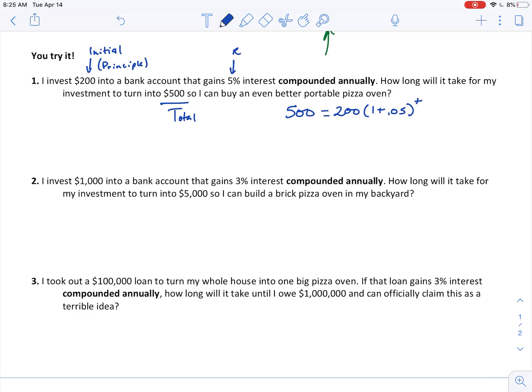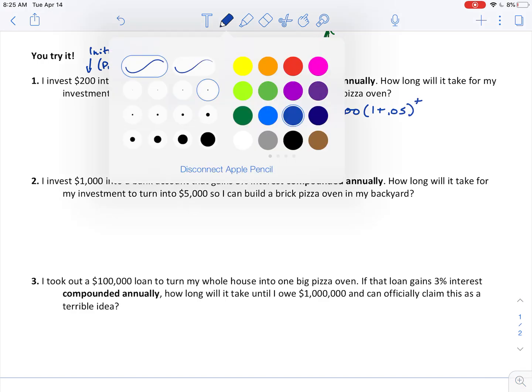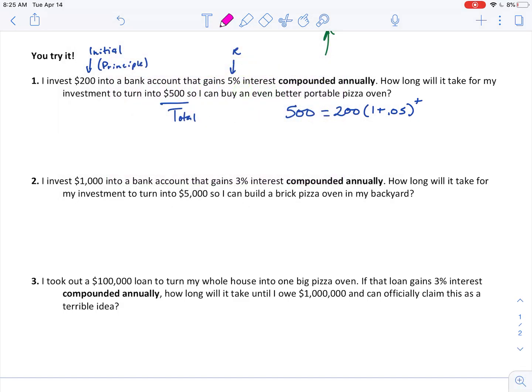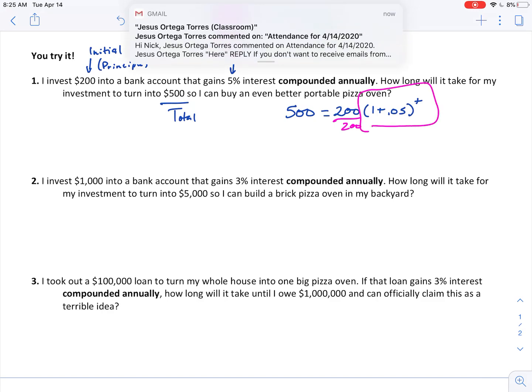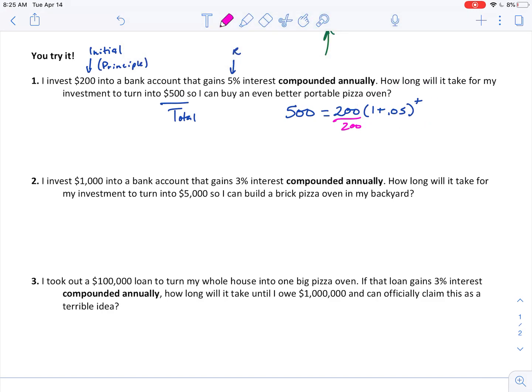Okay, so that's what I want. That's my total amount. So I'm going to say 500 equals, what's my principal again? 200 times 1 plus the rate of 5% to the T. And what we're going to do here as our first step is always divide that principal off, because this is what we're trying to solve for.